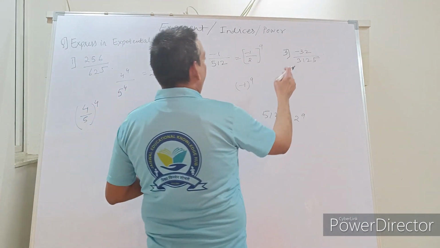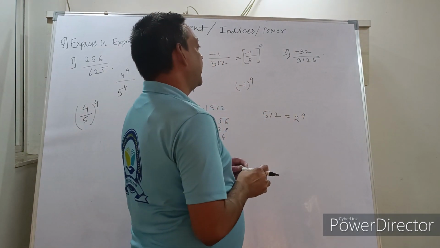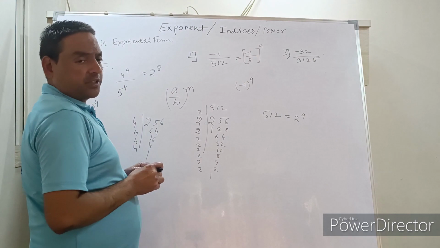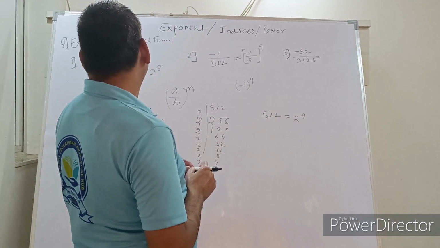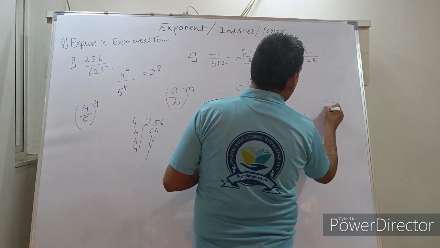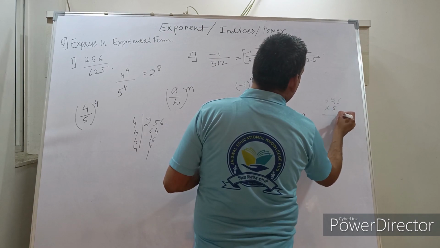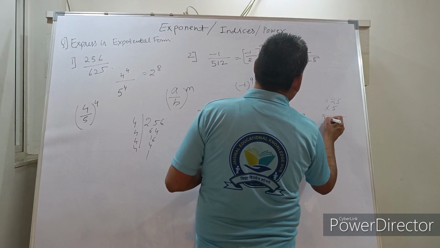Next one is minus 32 upon 3125. Again, ending with 5, so that will be something raised to 5 only. We have 625 as 5 raised to 4. If you multiply 625 into 5: 5 fives are 25, carry 2; 5 twos are 10, plus 2 is 12, carry 1; 5 sixes are 30, plus 1 is 31.